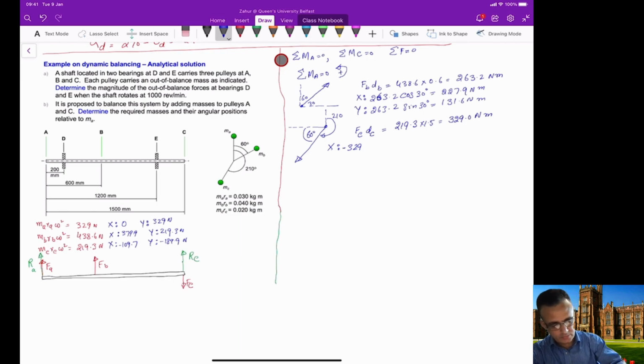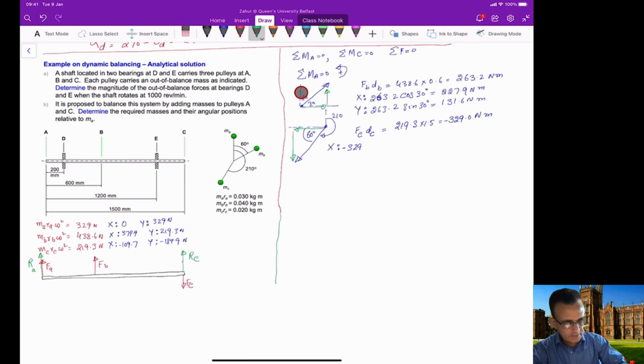If you find out its components, X component is in this direction and Y component is in this direction. Now for this force, the X component was in this direction and the Y was in this direction, so both were positive because this vector was positive. So you can also say that this is our negative vector. That's why its X and Y components are negative.